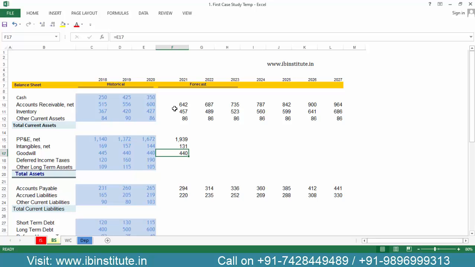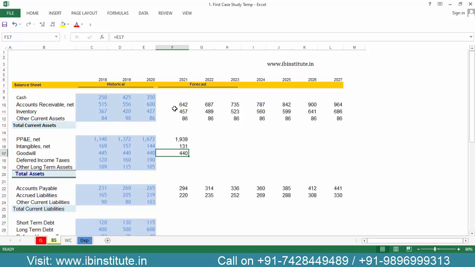Goodwill is the additional amount paid above the fair market value of the net assets acquired of the target company. So whenever a company acquires another company, the company pays additional amount above the fair market value of net assets of the target company. So whatever premium, whatever surplus amount is given to the target company, that is called goodwill.